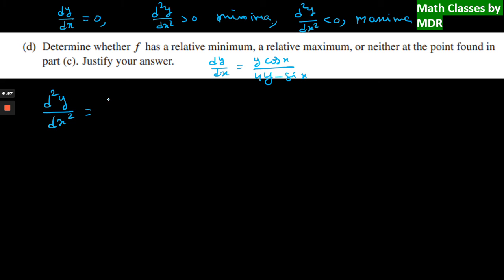So we will have dy by dx into cos x plus y into the differentiation of cos x, which is minus sin x.